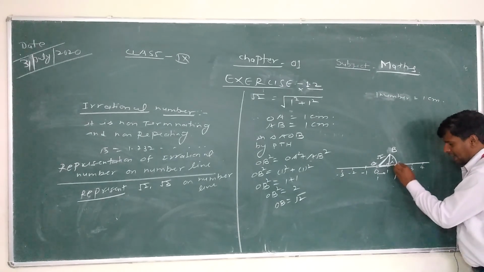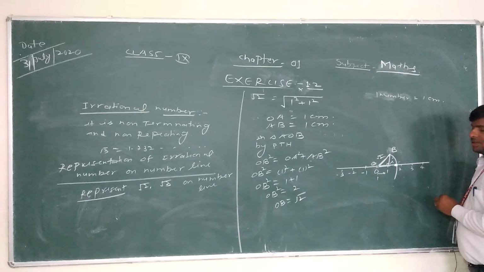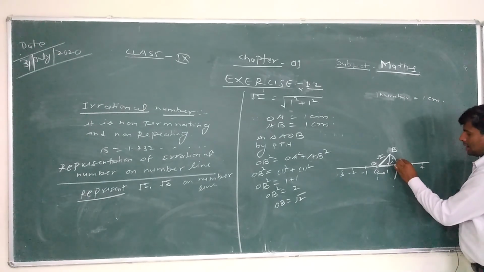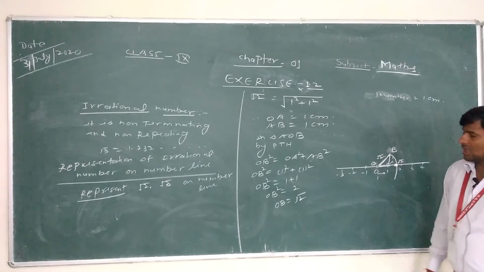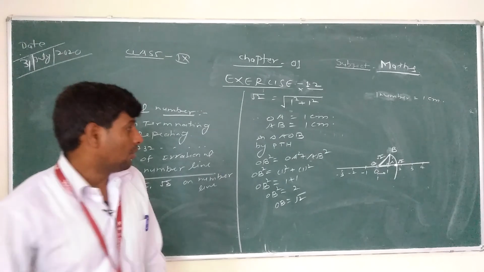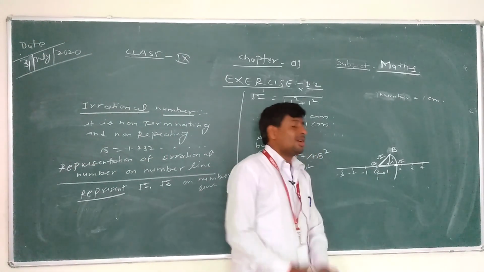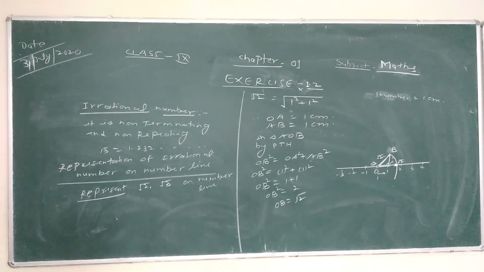Which intersects the given line at a point. This point can be represented root of 2. So this is the representation of the irrational number root of 2 on a number line.